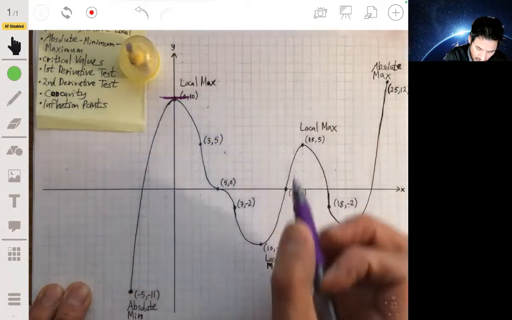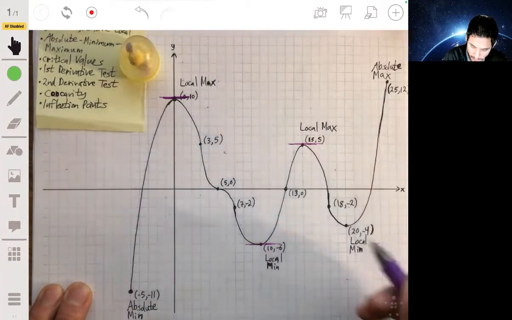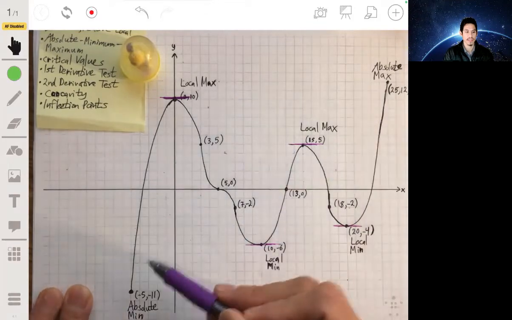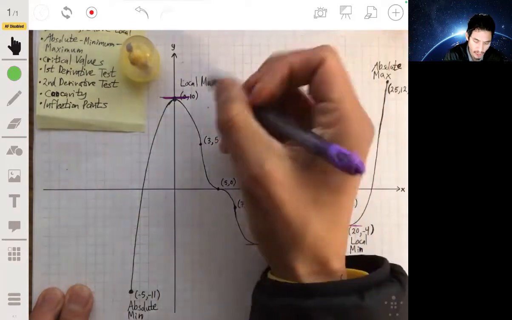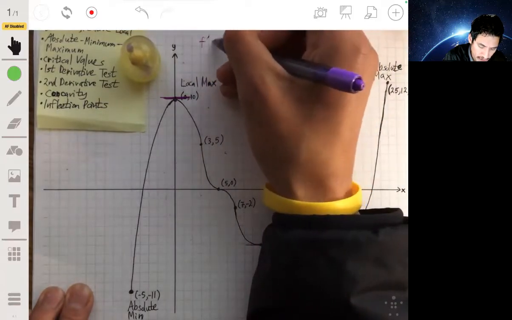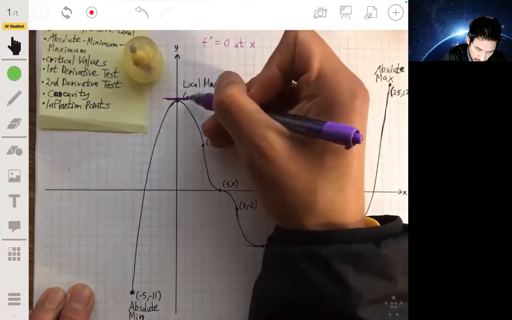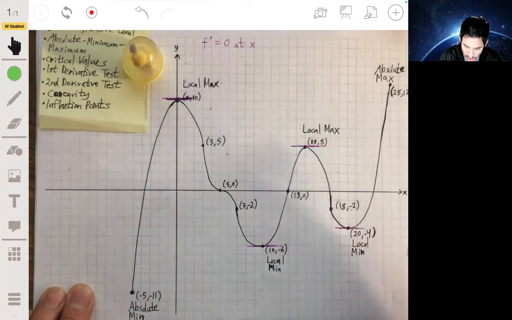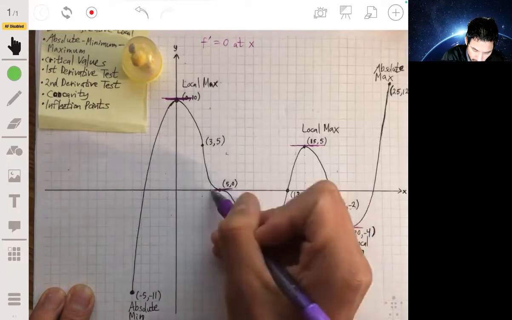A horizontal tangent line here, here, here, and here. We're not going to have them at the end ones because obviously the graph stops. But within these, we have that f prime is equal to 0 at x equals 0, 10, 15, 20, and also over here, it's kind of hard to see, but also at 5.